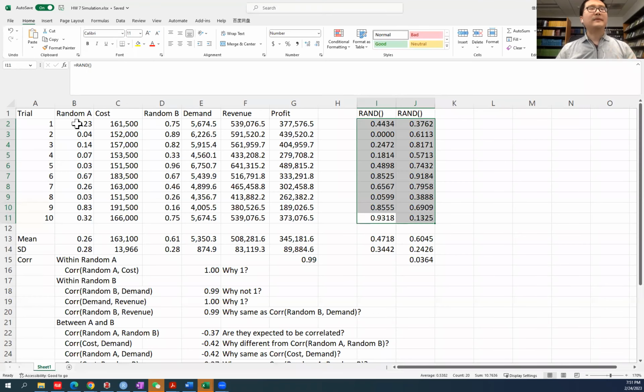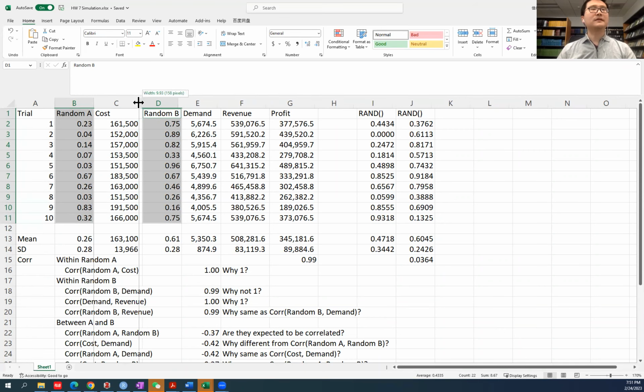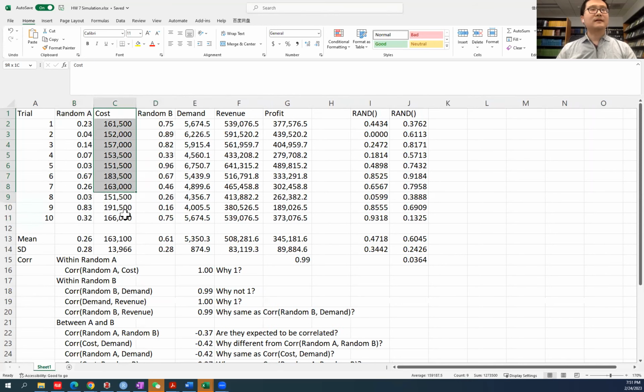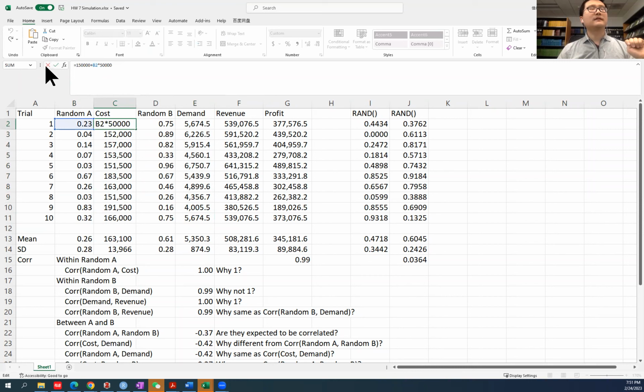Okay, that means given columns random A and random B as values between 0 and 1 to represent cumulative probabilities, we are going to transform them into the observed values that we actually care about. That's cost and demand. How did I do it? The cost, remember, follows a uniform distribution, right?